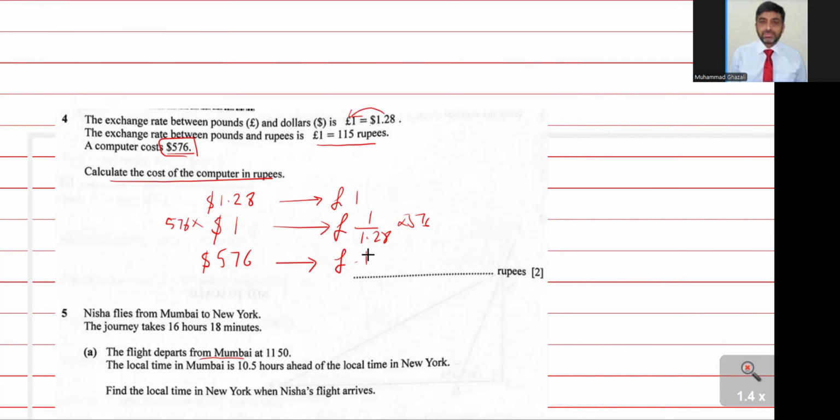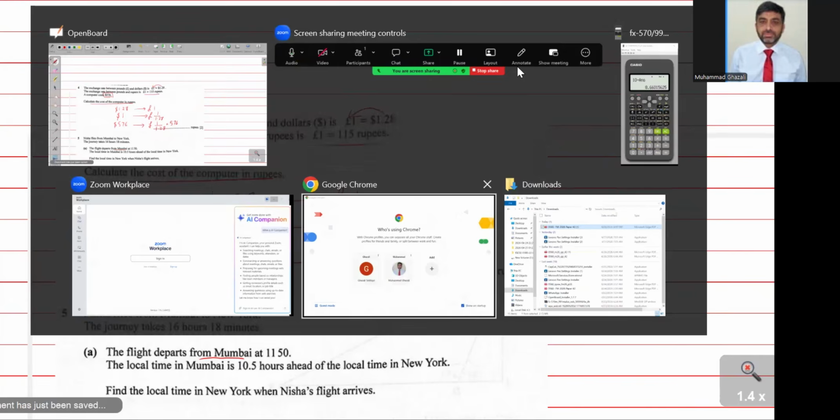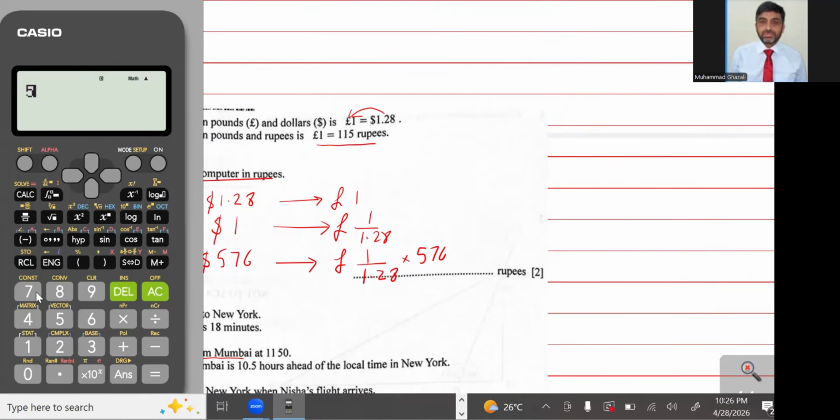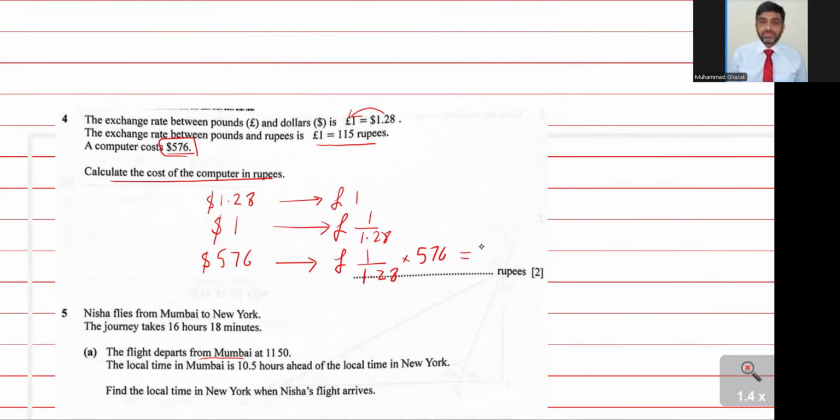Therefore, we can write 576 divided by 1.28, and this will be equal to 450. The computer costs 450 pounds.